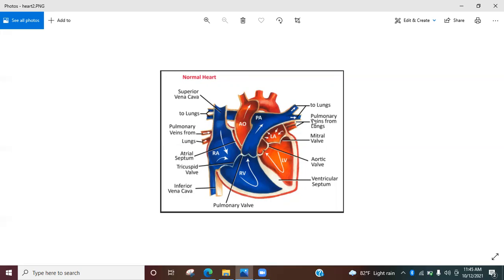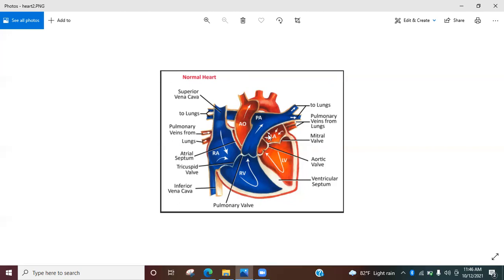Then pulmonary veins carry blood from the lungs to the left atrium with oxygenated blood. When this deoxygenated blood goes to the lungs, it is supplied with oxygen and then pumped again through the pulmonary veins to the heart, and it is called oxygenated blood.